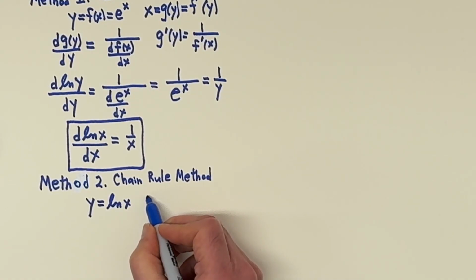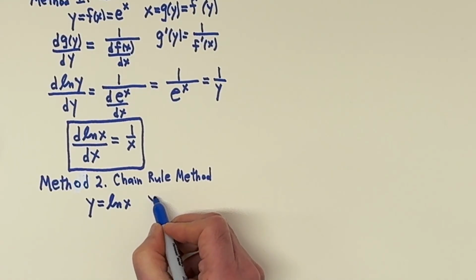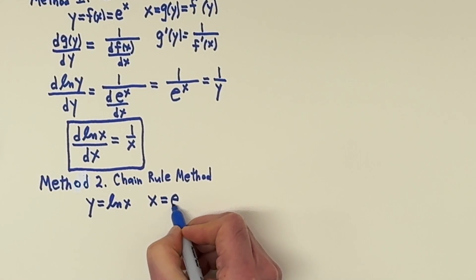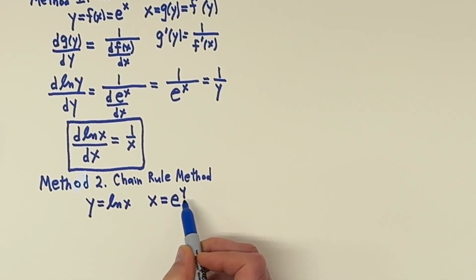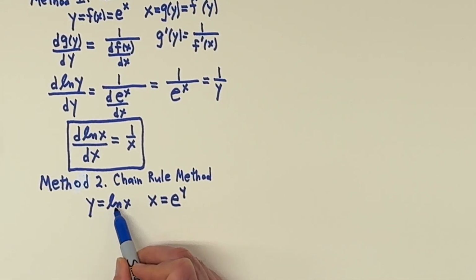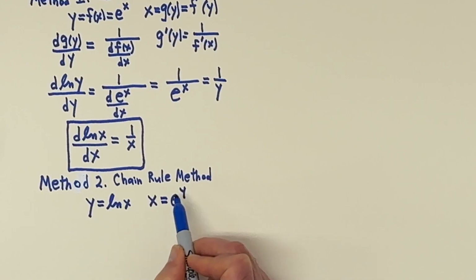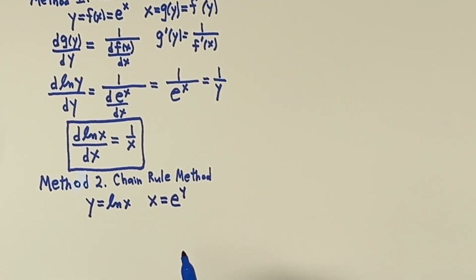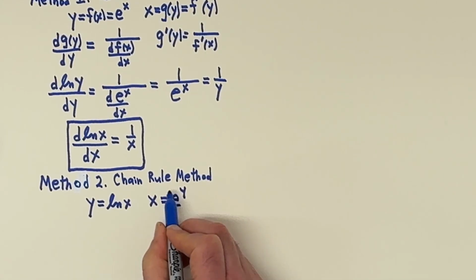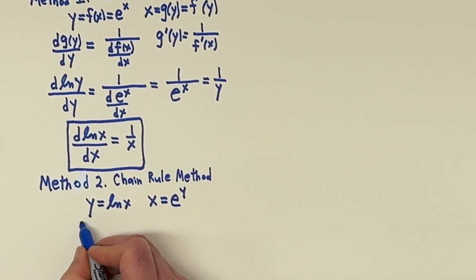So that means that here x is equal to e to the y power. So if I take the natural log of x, I simply have y. So now we're about to do the problem by taking the derivative of this equation with respect to x.